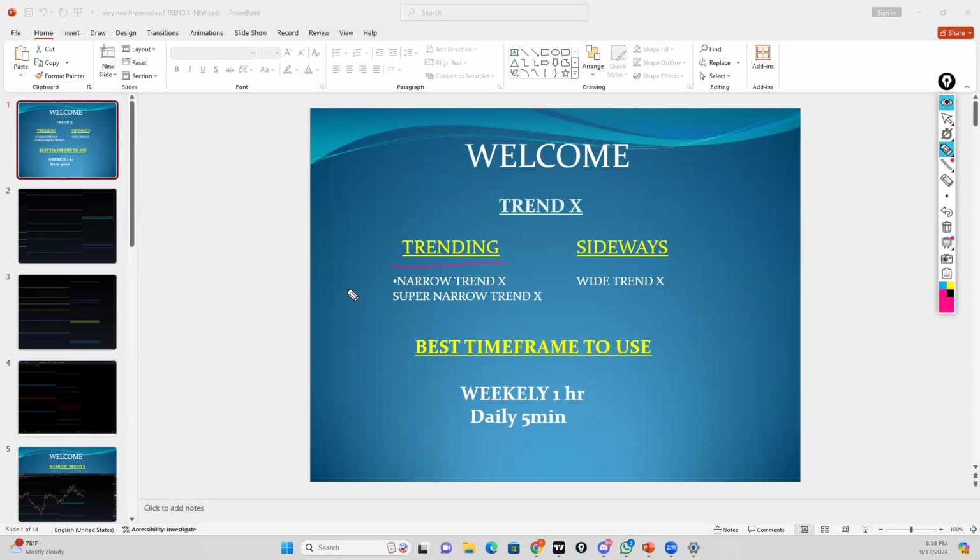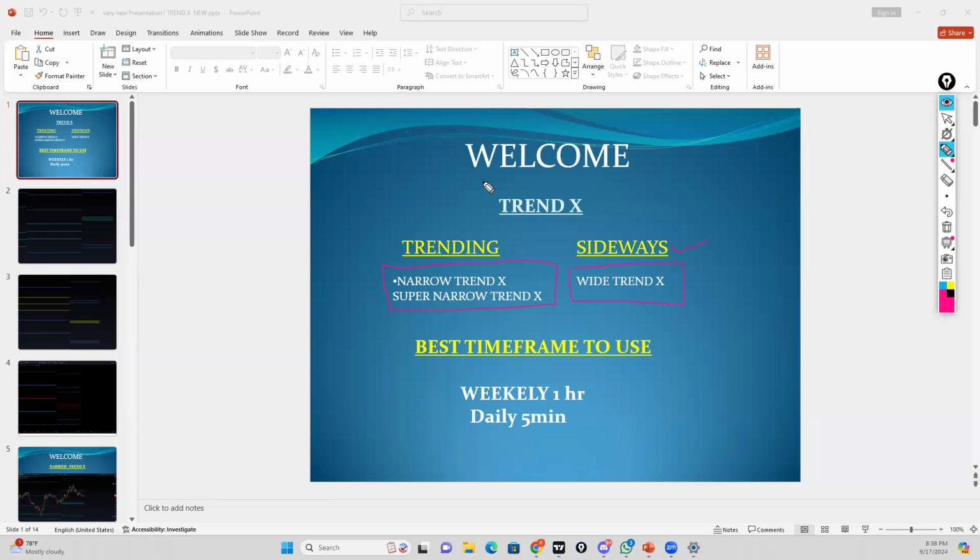We have two different Trend X here: narrow Trend X and super narrow Trend X. When we see these kinds of Trend X, it will be a volatile day. I'm talking about the daily Trend X. When the market will be sideways, we can predict beforehand, yes, the market can be sideways today. That is called a wide Trend X.